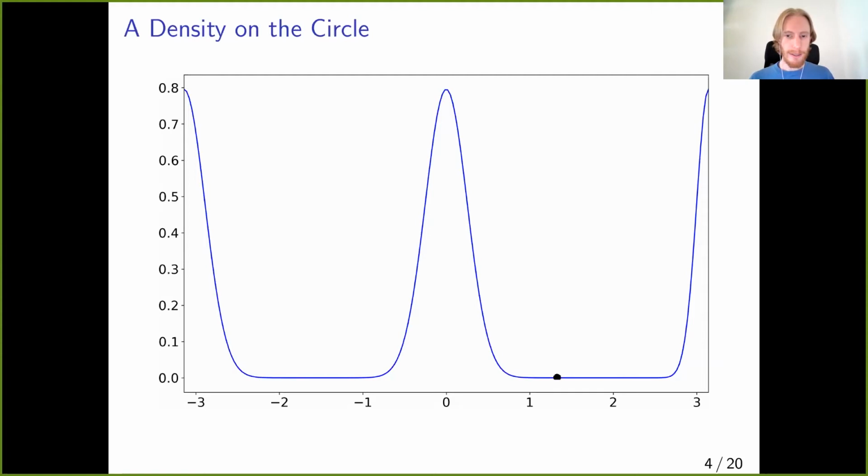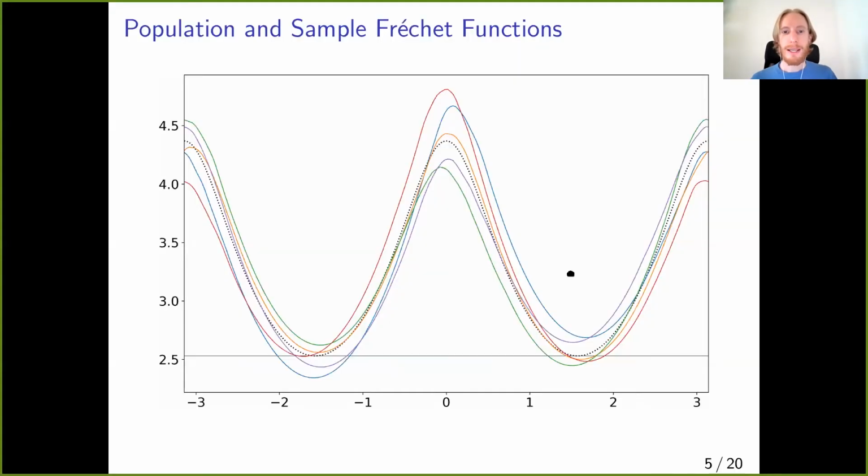And now you would think, okay, the mean should be both plus pi half and minus pi half. Those should be equally valid mean points for this density.